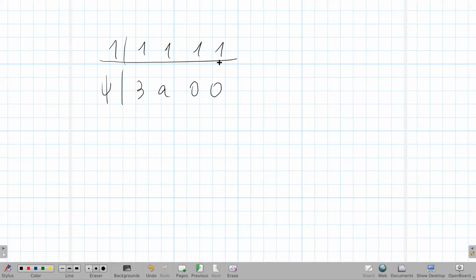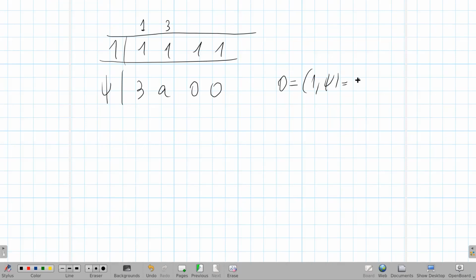Since these are two distinct irreducible characters, the inner product is 0. We write the number of elements in each conjugacy class: this is 1, this is 3.